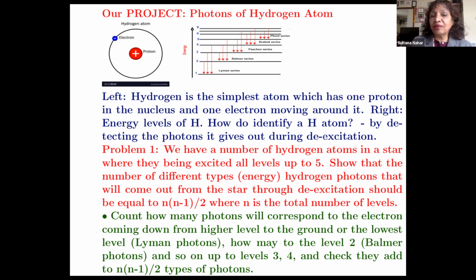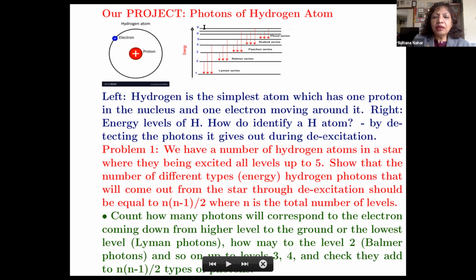So you can calculate how many types of photons can come out using this formula, but you also need to show that they are actually so. Count how many photons will correspond to the electron coming down from a higher level to the ground level, or the lowest level, which we call Lyman photons.